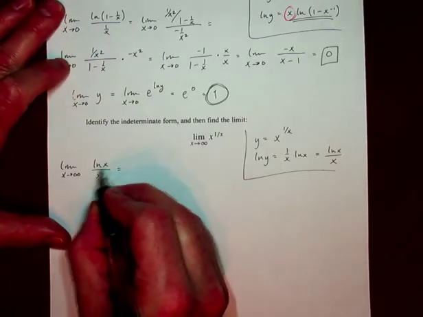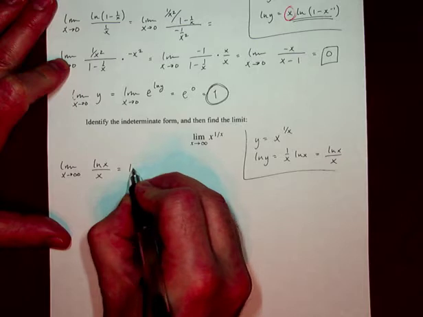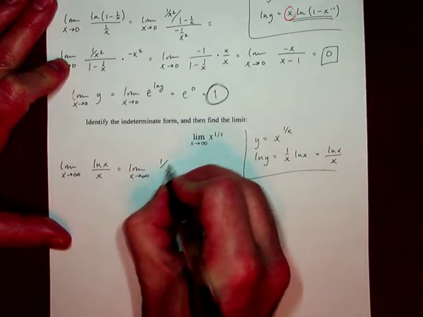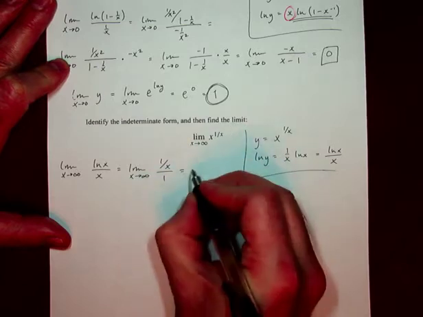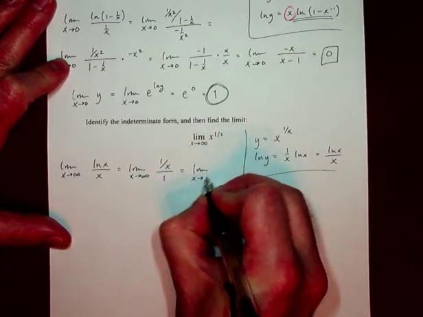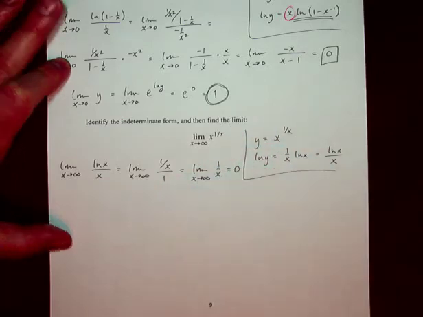Now this of course is going to be infinity over infinity, but when we apply L'Hopital's, we get 1 over x over 1, and therefore this just becomes the limit as x approaches infinity of 1 over x, and that is 0.